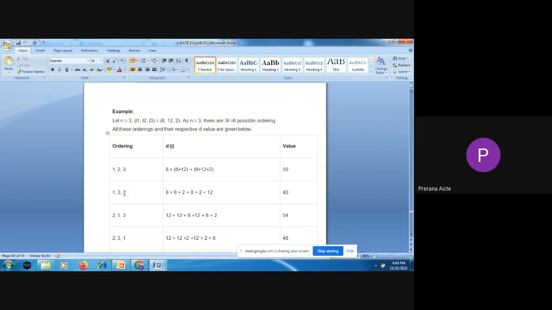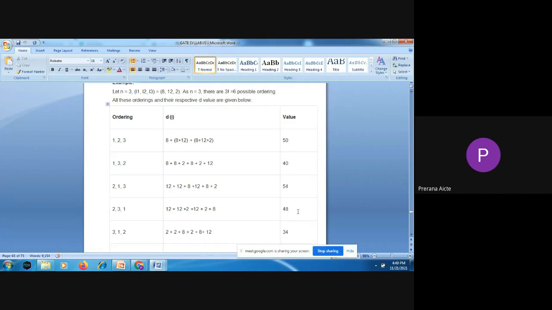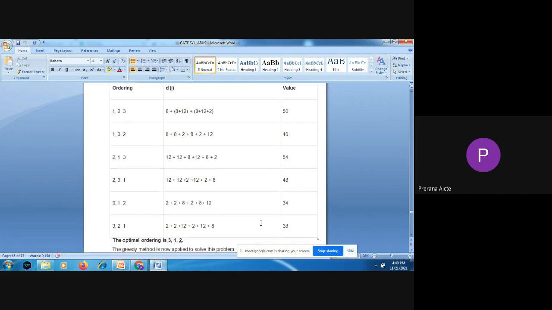Next, if you follow the order 1 3 2, its time is 40. And 2 1 3 is 54, then 2 3 1. So we take different orderings and find out the overall average to see which ordering lets us retrieve in less time. Among all these values, 34 is the minimum value.